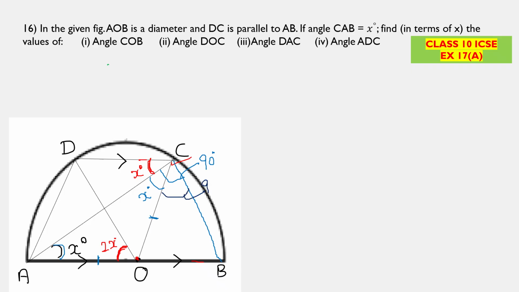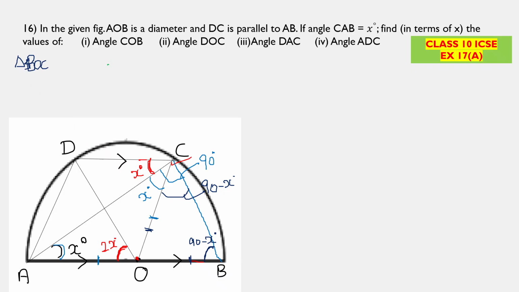Yes, we can write this as 90 minus x degrees. And here also OC and OB are radii, so we can consider BOC as an isosceles triangle, so we can write this also as 90 minus x degrees.